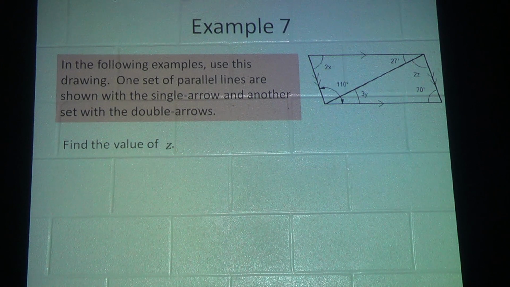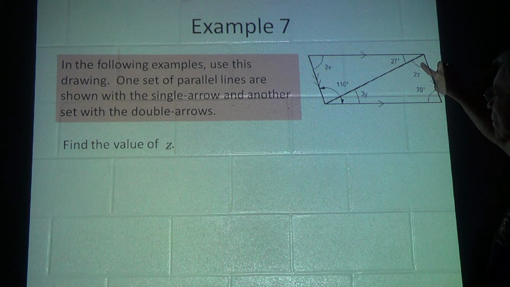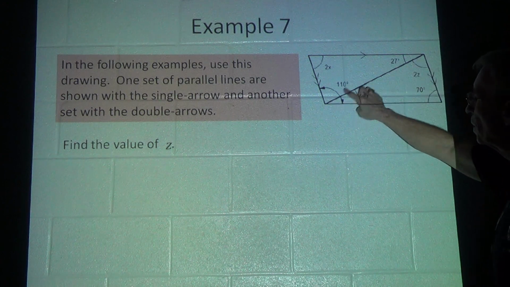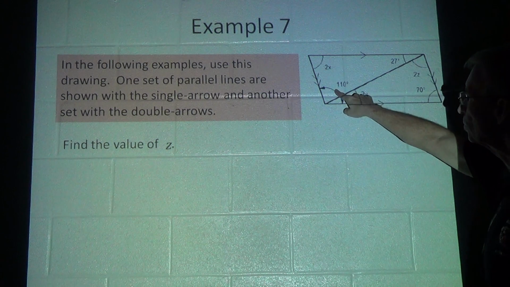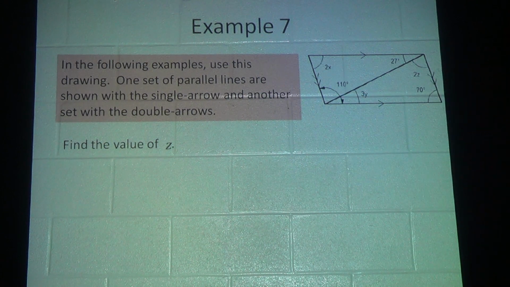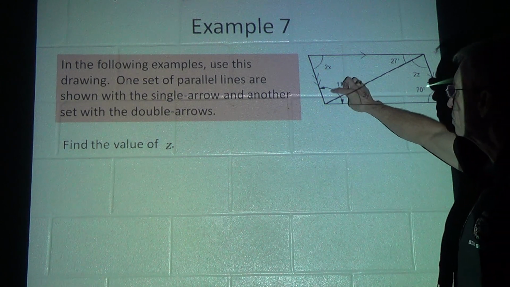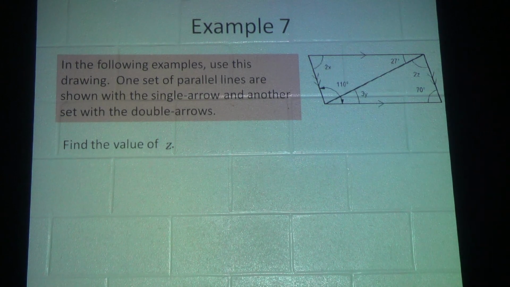Now they want us to find the value of z, which is this angle right here. Once again, we have parallel lines crossed by a transversal, so this angle is equal to this angle by alternate interior angles. Since we know this is 27, we can subtract to get this part right here if we need to.